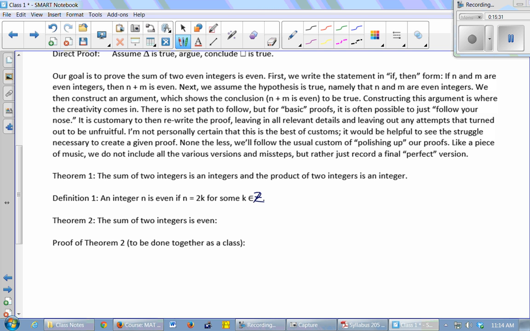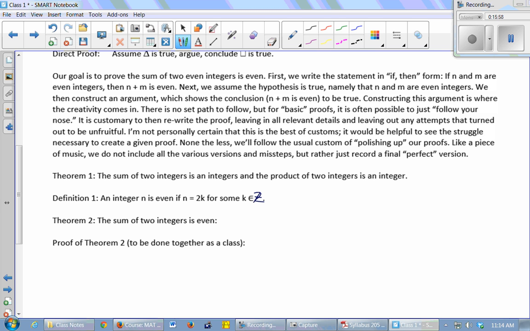So constructing this argument is where the creativity comes in, right? The template for the proof is given, and then the argument is where the creativity happens. There's no set path to follow, but for basic proofs, it's often possible to just follow your nose. It's customary then to rewrite the proof, leaving in all relevant details, and leaving out any attempts that turned out to be unfruitful.